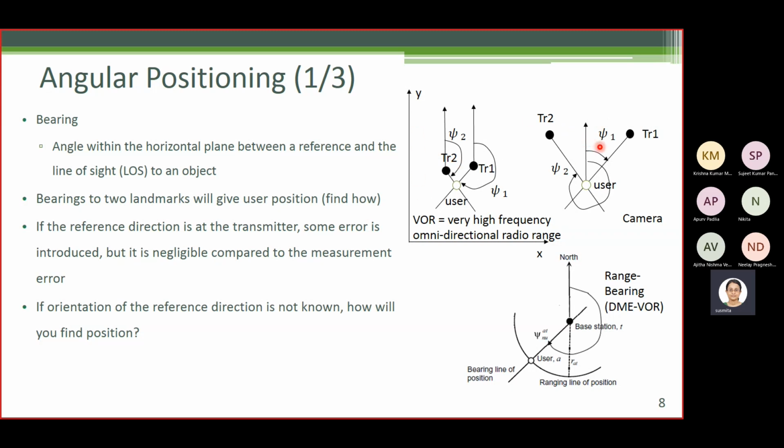So that angle is also an unknown, correct? So you have three unknowns: the angle which the reference direction makes with the y axis, and the user coordinates. So how will you find the position? What will you do to find the position here?